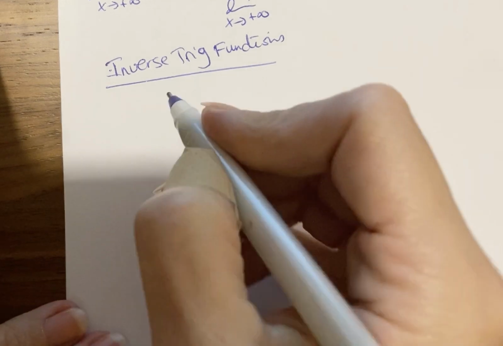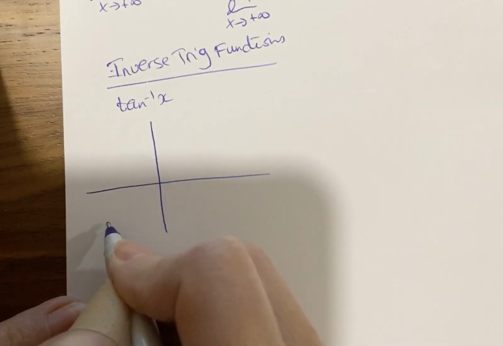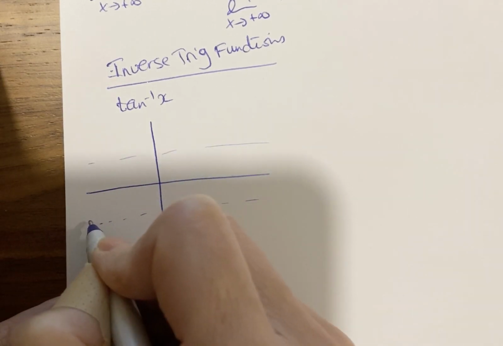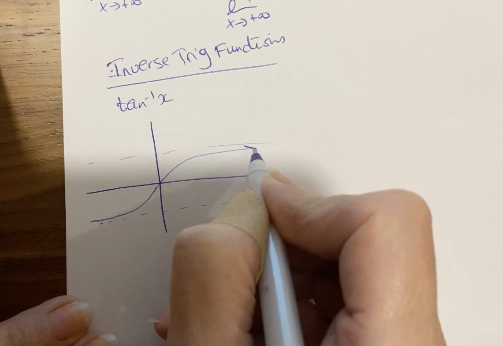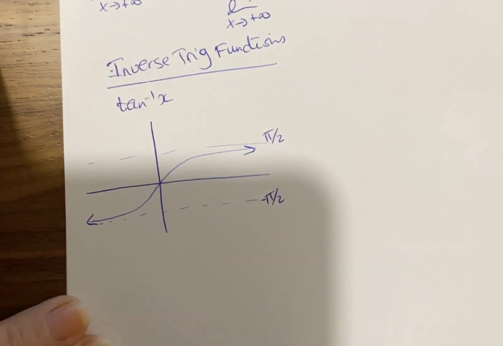And tan inverse. How does tan inverse x look like? It looks like this, if you remember, where it lies between minus pi over 2 and pi over 2.